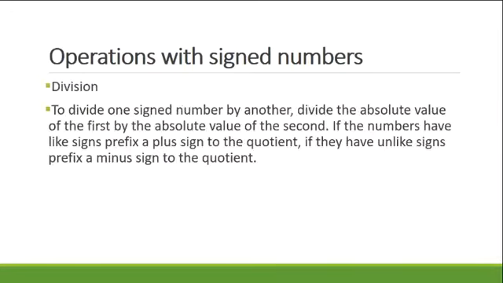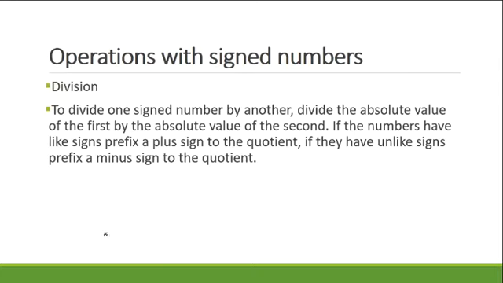For division, to divide one signed number by another, divide the absolute value of the first by the absolute value of the second. If the numbers have like signs, prefix a plus sign to the quotient. If they have unlike signs, prefix a minus sign to the quotient. So, ganun lang ulit.